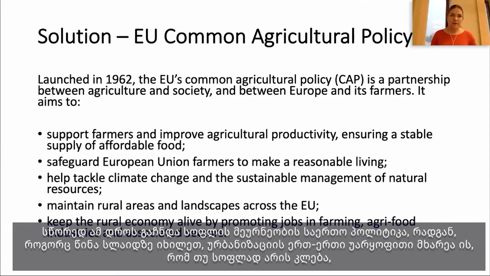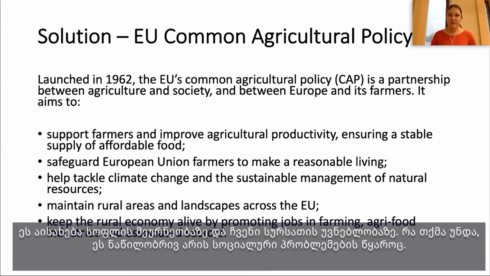So this is when the Common Agricultural Policy was born, because of course, as you saw from the previous slide, one of the negative issues from the urbanization is the fact that if there is a decline in rural areas, it affects the agriculture and our food safety.